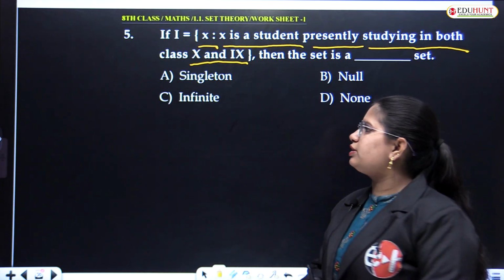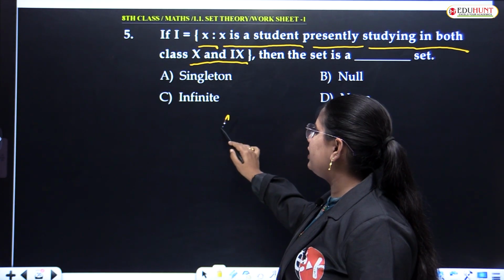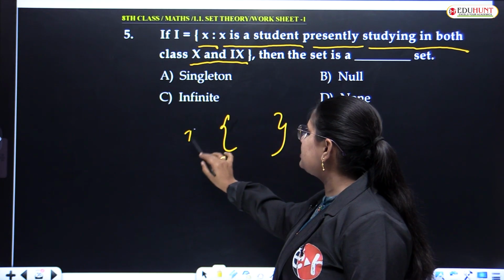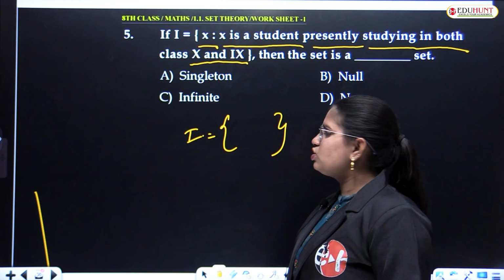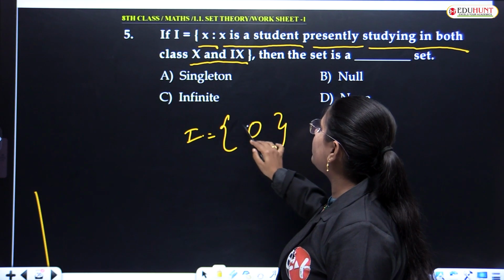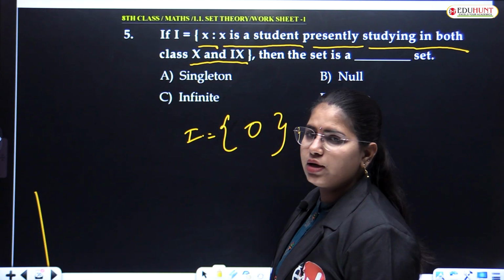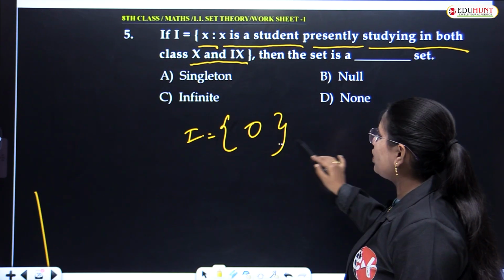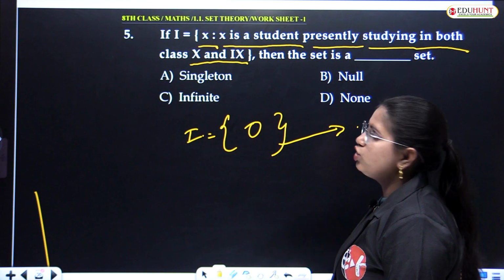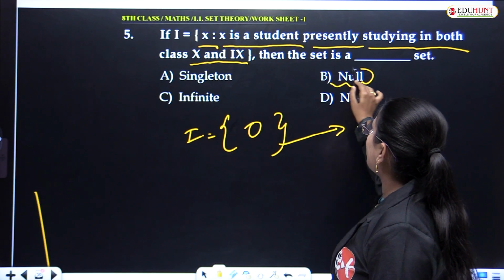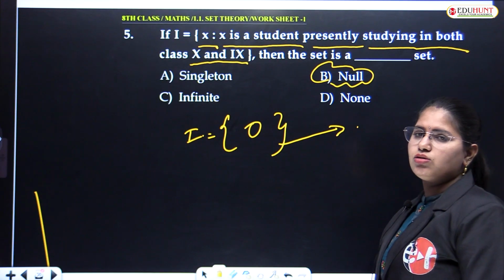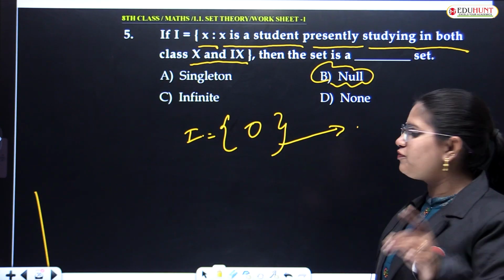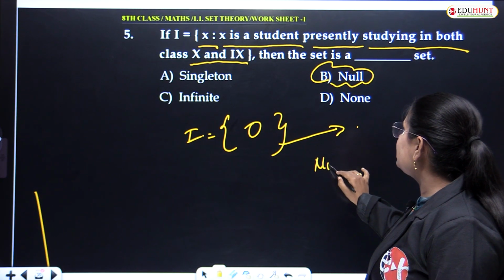Yes or no? So that is the reason. Do we have any such type of elements in the set? Do they exist? No. So in that case we'll have 0 elements. If you have 0 elements in the set, you can call such sets null sets.